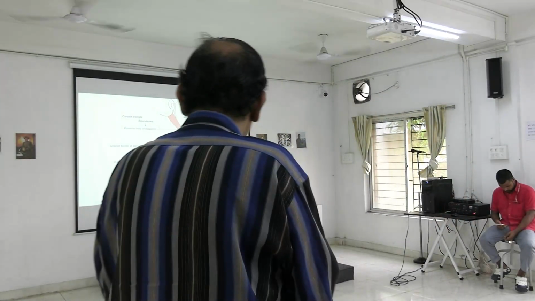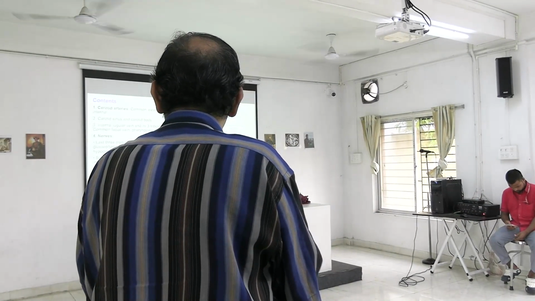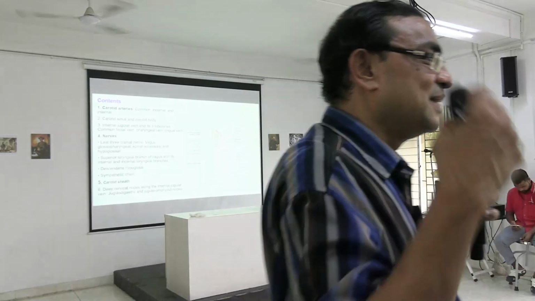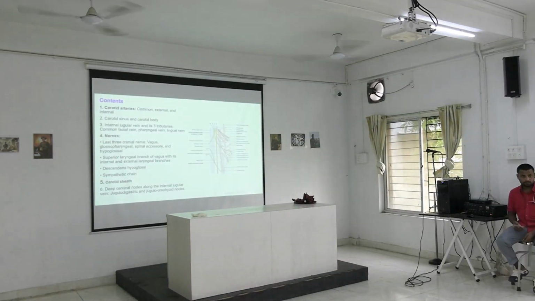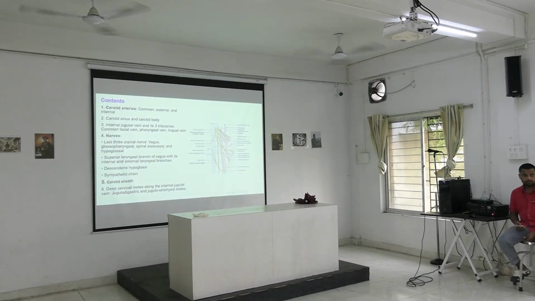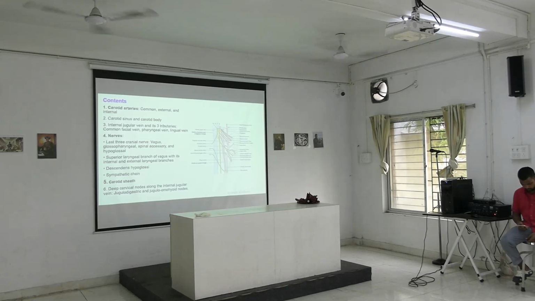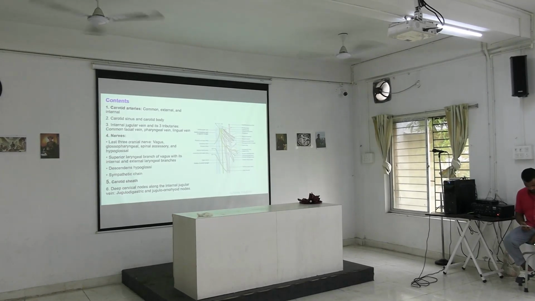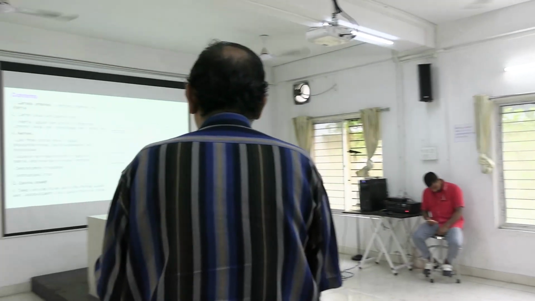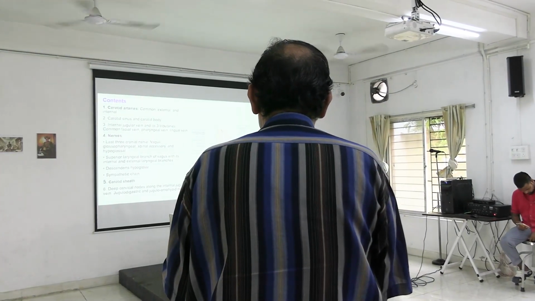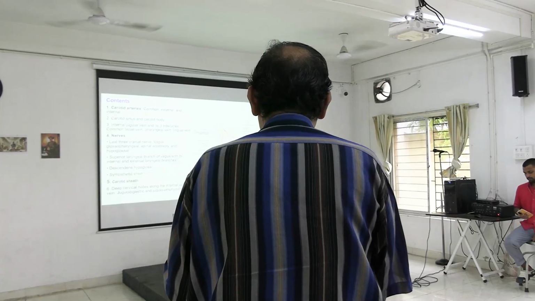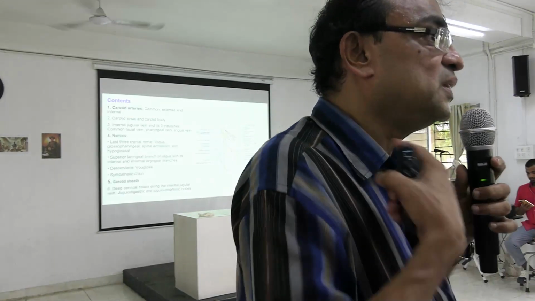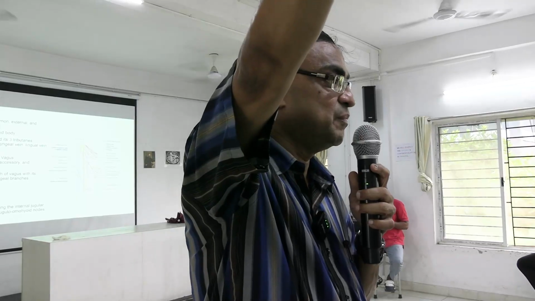But what is the important content? The most important part of the carotid triangle is the branches of the external carotid artery. We know the common carotid artery divides into external and internal. We are not concerned with the internal because it has no branch in the neck.